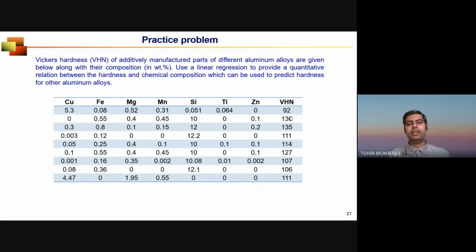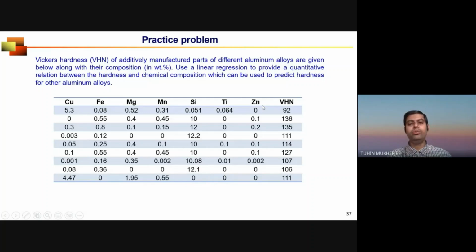The problem that I am giving to you is: use linear regression to find a formula to represent Vickers hardness as a function of chemical composition. How would you do that? Linear regression can be done very easily in MS Excel. You need to use this dataset and find an expression where you represent Vickers hardness as a function of all of them.